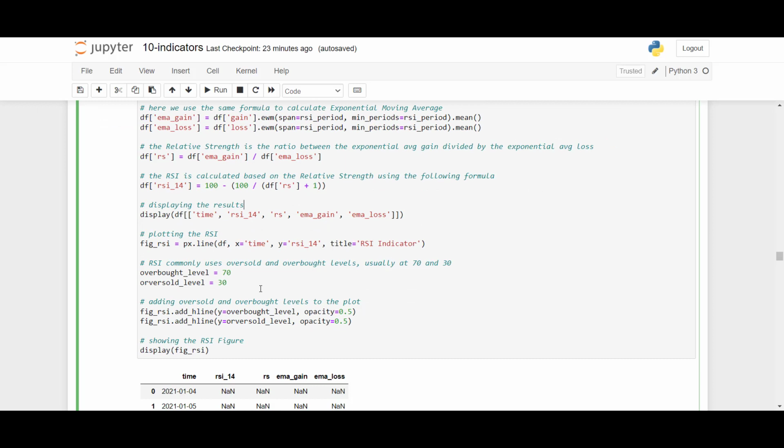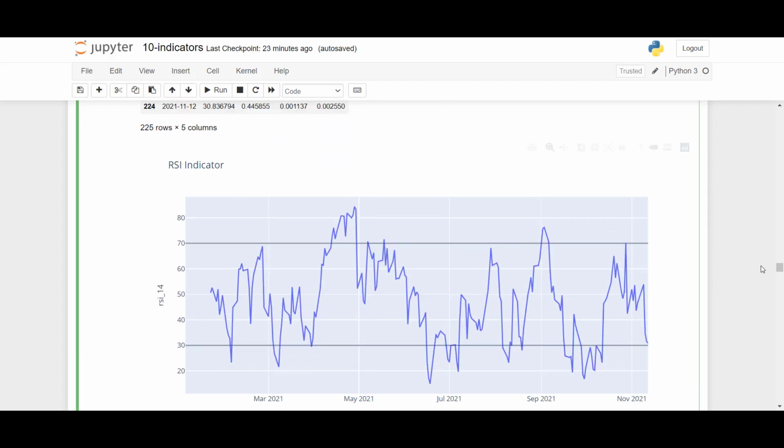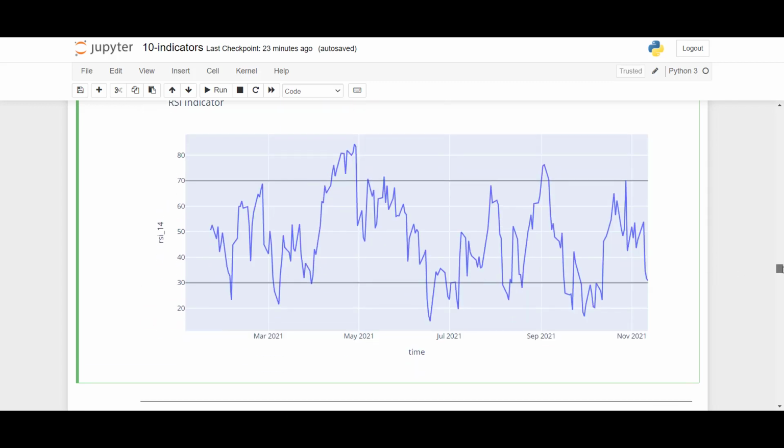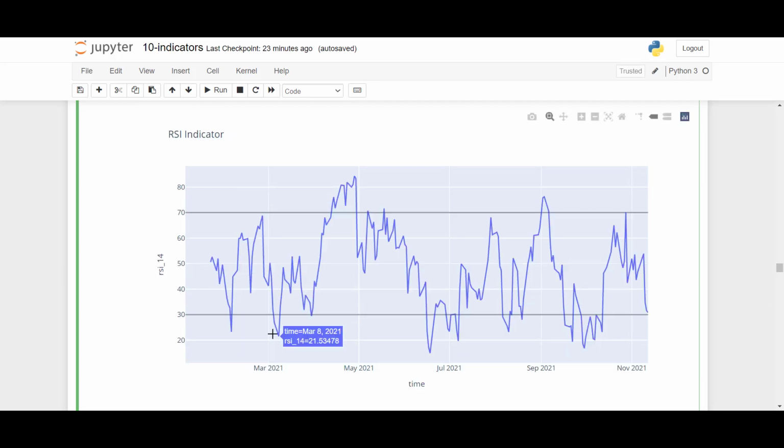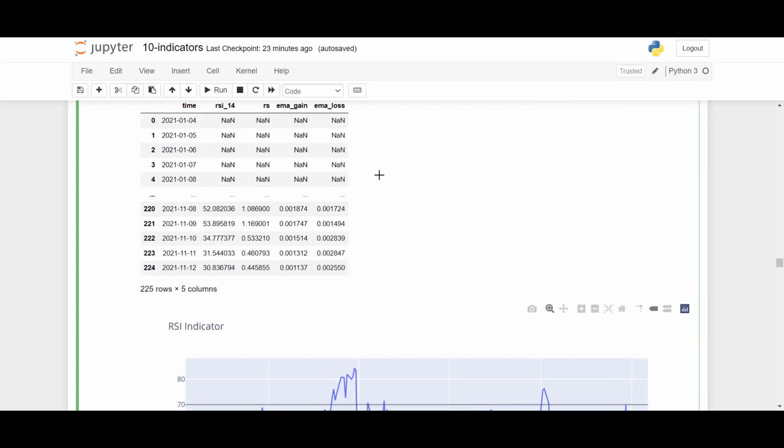To show you what it looks like, we can also plot the RSI using the time column and the RSI, and this is what it looks like. So here is the RSI indicator, and we see that when it is below the level 30, it is oversold, and if it's above 70, it is overbought. For many traders, this is an indicator for mean reversion.